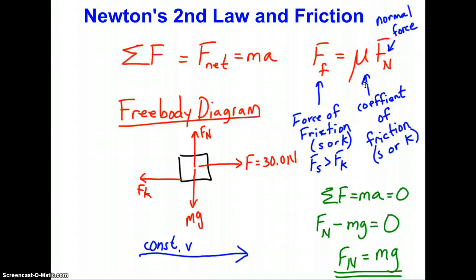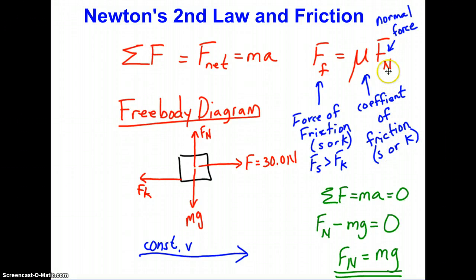We use a decimal. It reflects the relationship between the two materials that are in contact with each other. That coefficient of friction will either be a static coefficient or a kinetic coefficient. And just like the force, the static coefficient will always be greater than the kinetic coefficient.